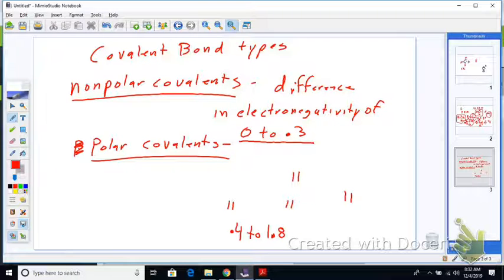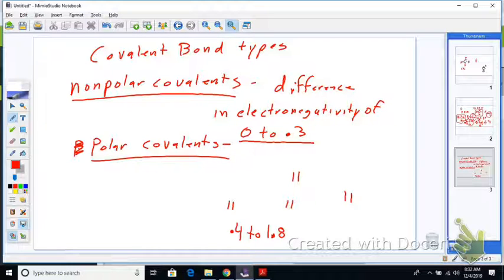So a difference of 0 to 0.3 is going to be nonpolar covalent. So that creates a different type of compound that has different characteristics than something that's polar covalent. Now, you'll understand what this difference means in a second, because I'm going to give you some examples.